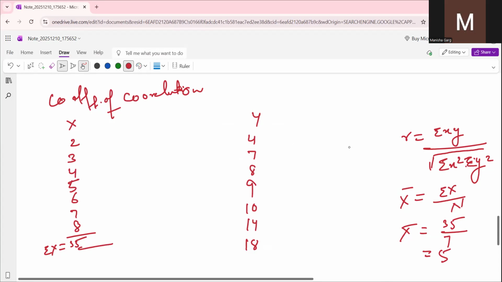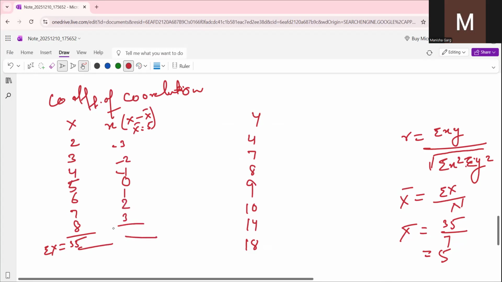Then x mean will be equal to 5. Then we will find x equal to x minus x mean, where x mean equal to 5. 2 minus 5 is minus 3, then minus 2, minus 1, 0, 1, 2 and 3.